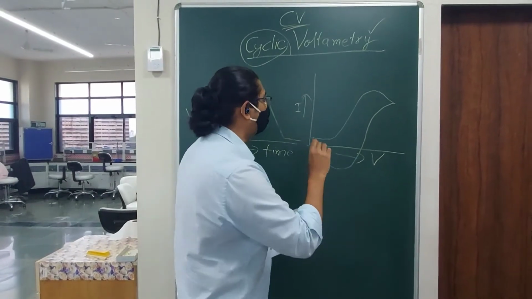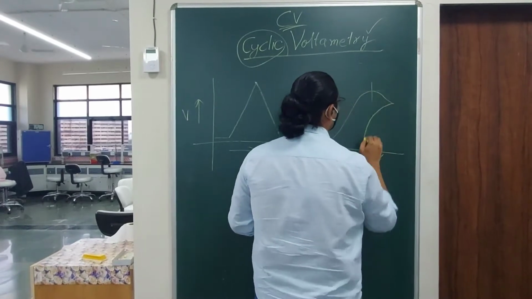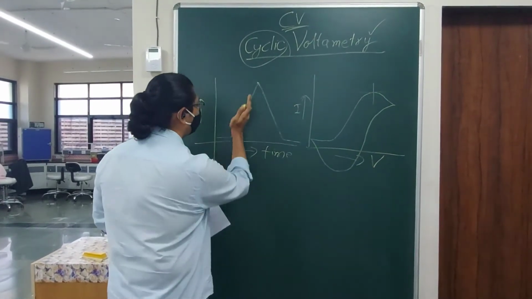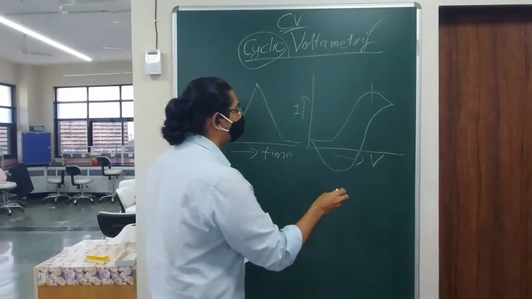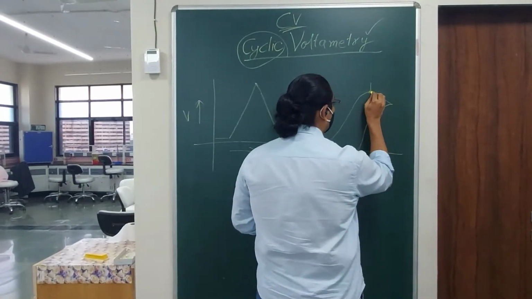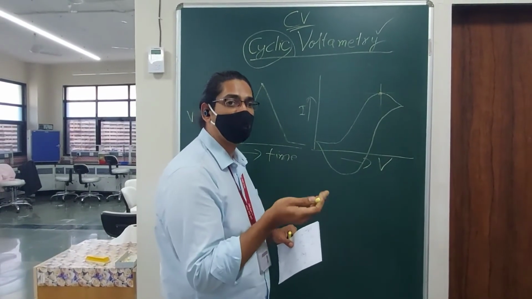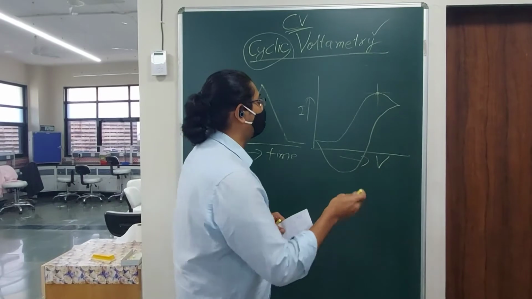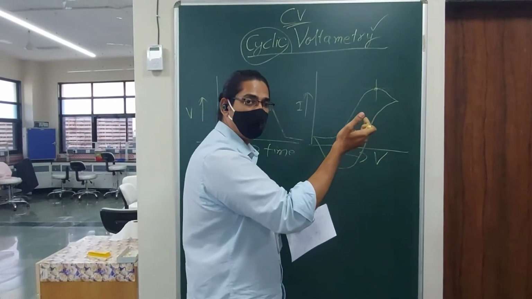Okay. Now the point is, as I said, why it levels off here, why it doesn't keep going up as the voltage increases. You have to think in terms of the reaction happening at the electrode. The electrode reaction saturates.